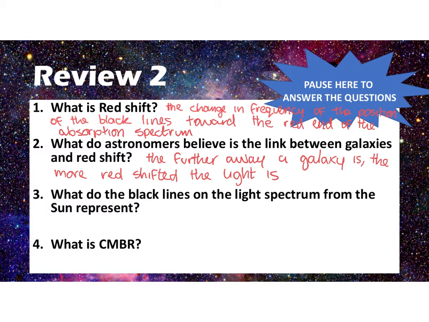Number 3, what do the black lines on the light spectrum from the sun represent? And the answer is helium absorption. So the black lines are where the helium has absorbed the light. And finally, number 4, what is CMBR? So I didn't want you to say what it stood for because we did that in review 1. So for this question, I wanted you to say what scientists believe CMBR to be.